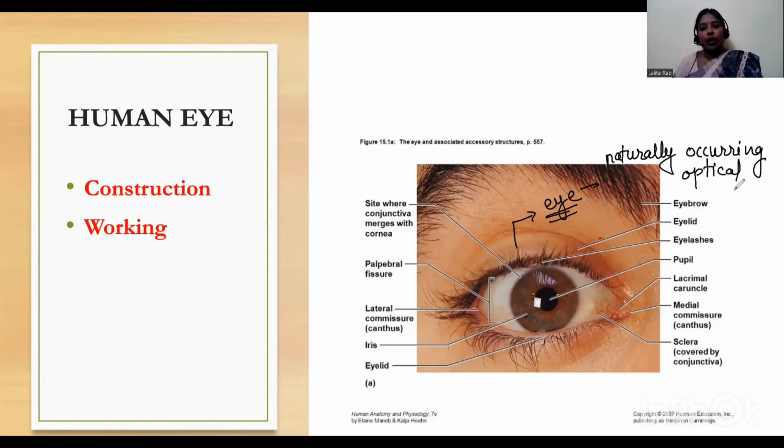Now, from outside, when you see the eye, you can see these eyelids, right? Then eyebrows, then the pupil, this dark colored spot, then eyelashes, eyelids, iris, and many other parts. We are going to explore these parts one by one.